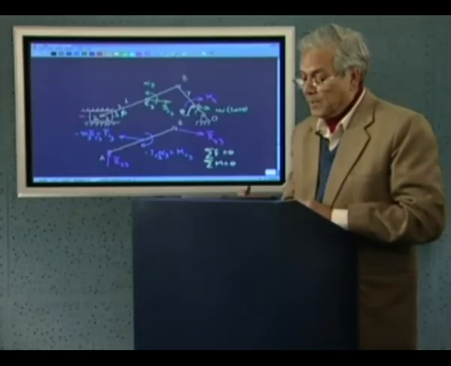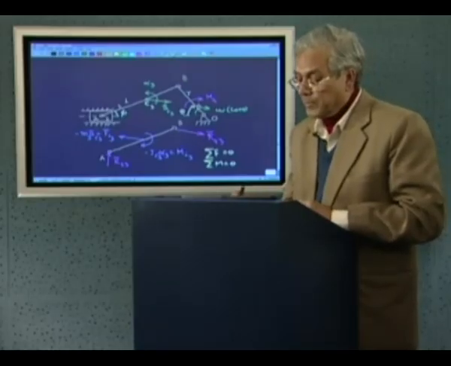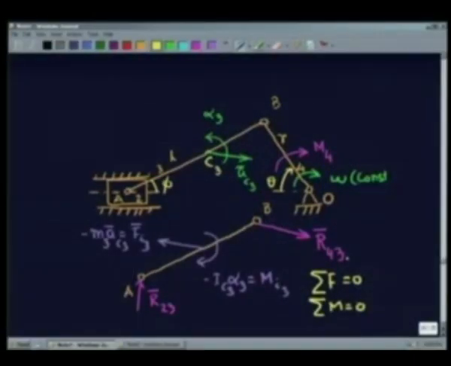Now, since the magnitude and direction of this force both are unknown, the problem cannot be solved directly like this. If we take moment about this point A, then moment of this is known, moment of this is known, but moment of this, which has to exactly cancel the total effect, has two quantities unknown, direction and magnitude, so it cannot be solved.